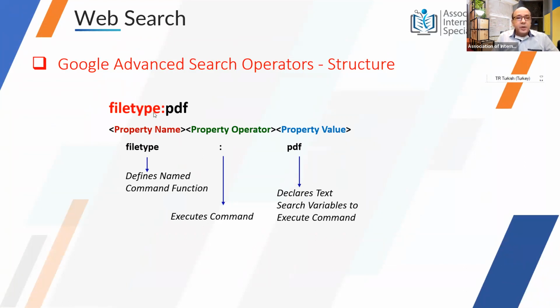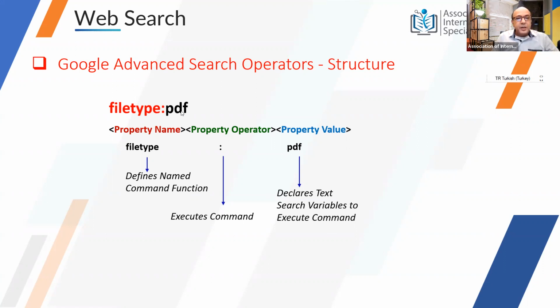Now the file type wording is insignificant unless it is followed by a colon sign and it is complete in its formation, meaning that it has a declared value, like PDF is the format I'm trying to find, or restrain my search to PDF. So nothing gets returned outside of the PDF format.